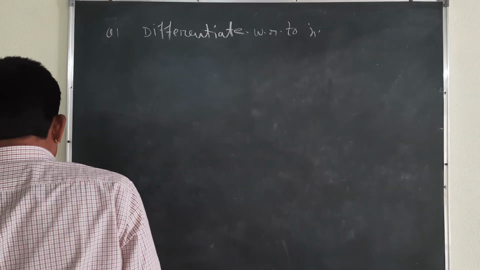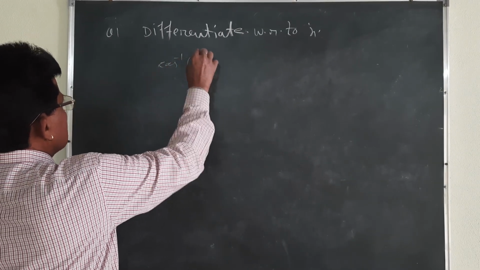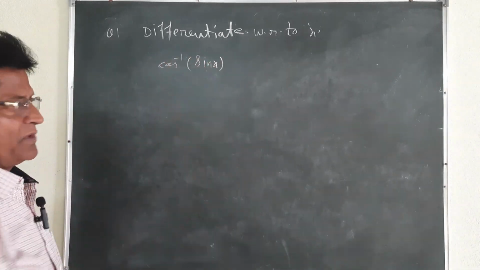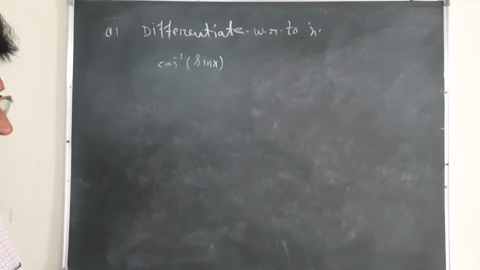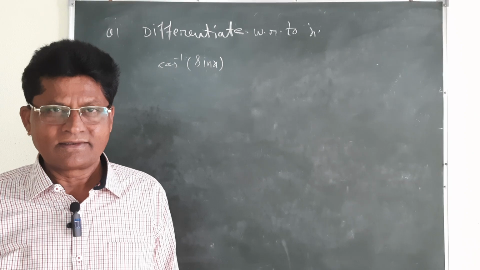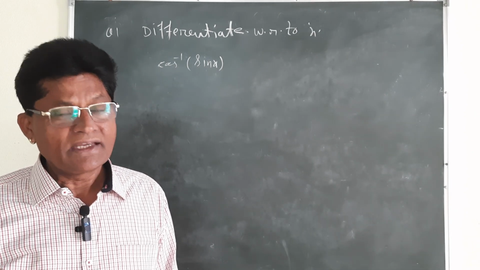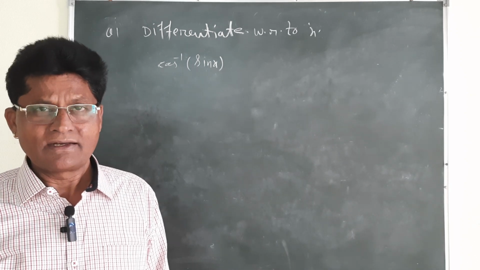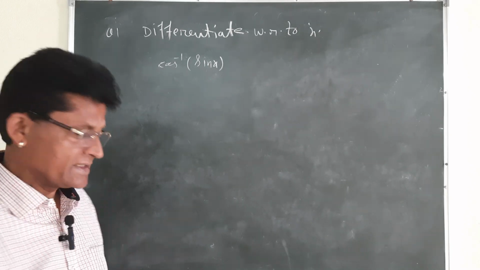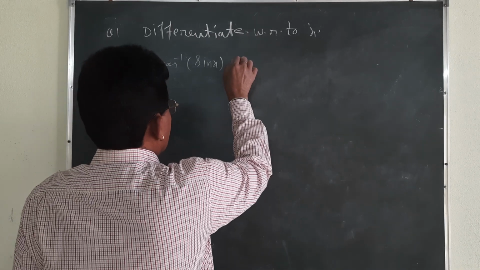That is why I am collecting such questions. Keeping in mind your examination, you differentiate it with respect to x. It will be very difficult to differentiate it with respect to x, because you would apply the formula of cos inverse x, by using the chain rule. Dear student, we have a simpler formula, the easiest formula, and in a few lines you can find out its differentiation. But the thing is how you can find it. I told you already.